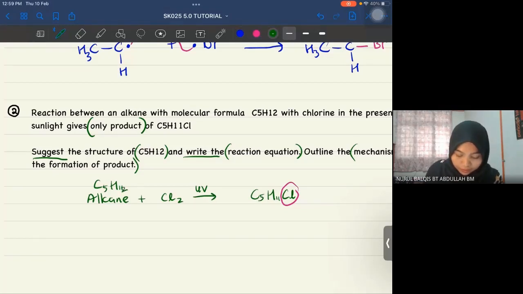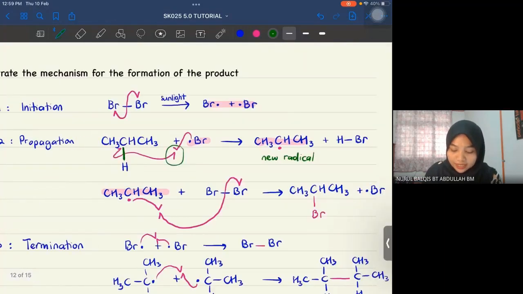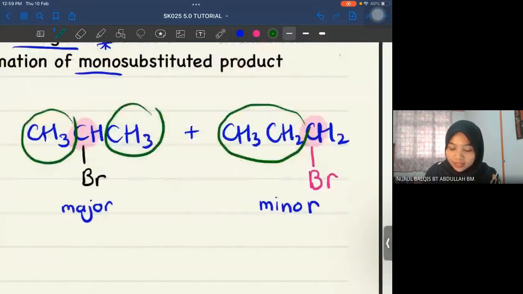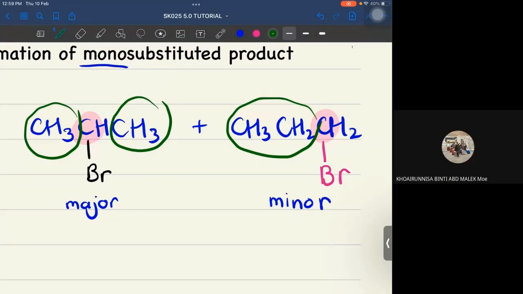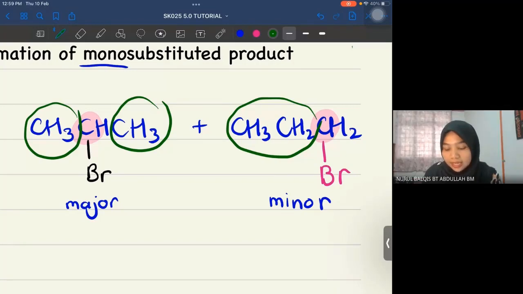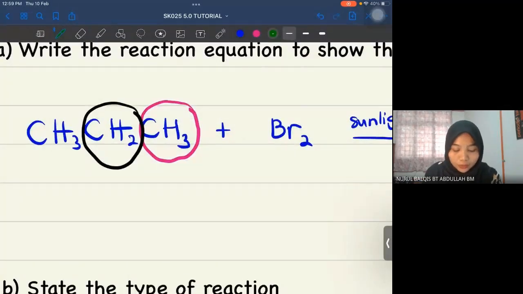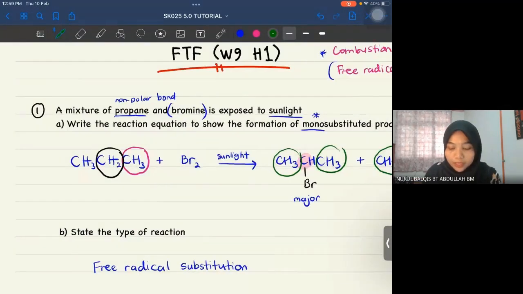Asalnya C5H12. Soalan saya sekarang ni, awak ada C5H12. Awak nak dapatkan C5H11Cl tapi satu jenis produk sahaja yang dapat. Yang macam tadi, kita ada more than one product, is it? Yes. Okay, jadi sekarang ni awak tak tahu molekul awak ni apa.